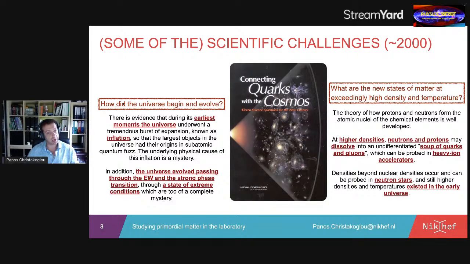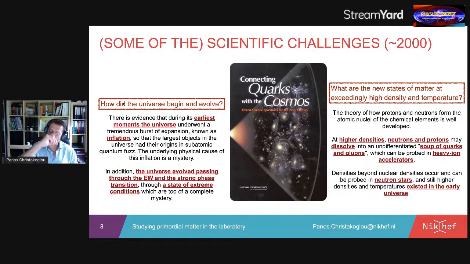And these transitions indicate periods of the early universe that were characterized by extreme conditions. And they are, even at this stage, a complete mystery. So we have no idea what these transitions look like. So what were the conditions around?